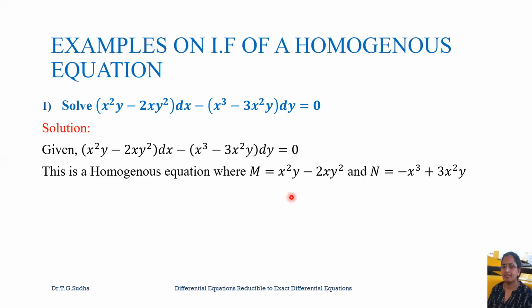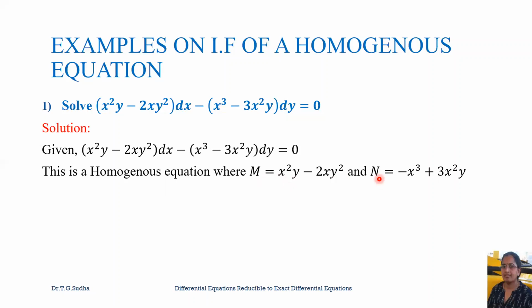This is homogeneous because M is of degree 3 and N is also of degree 3. Each term in M, that is x square y: the degree of x is 2, the degree of y is 1, therefore 2 plus 1 is 3. In the second term, the degree of x is 1, the degree of y is 2, so 1 plus 2 is 3. So the degree of M is equal to 3.